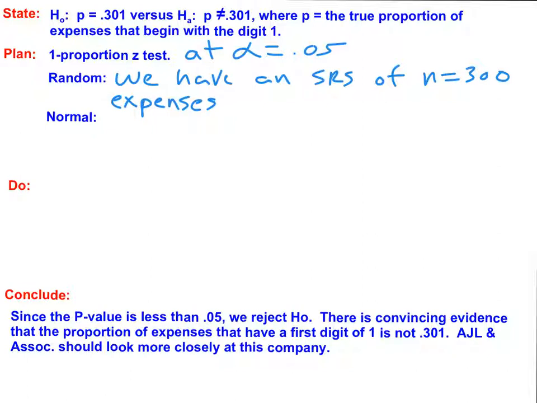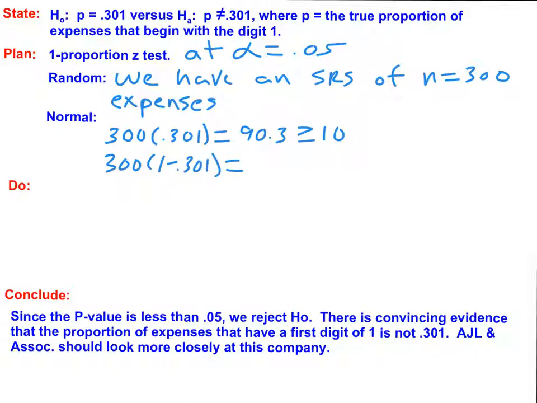For normal, there's n times p that is at least 10. It's okay that these are decimals. We haven't seen that before, but that is okay. They're both at least 10, so we can use a normal approximation.